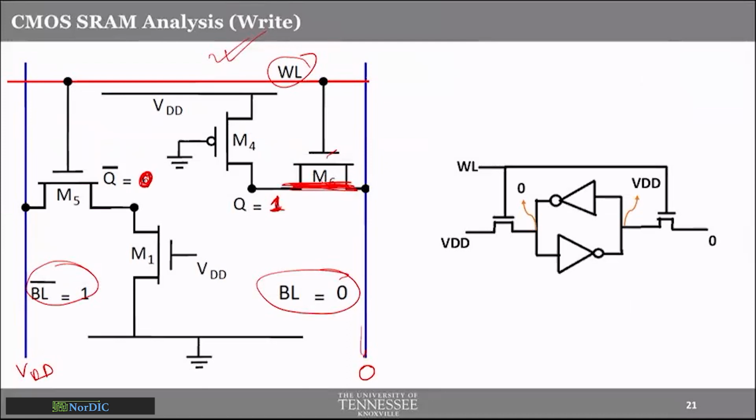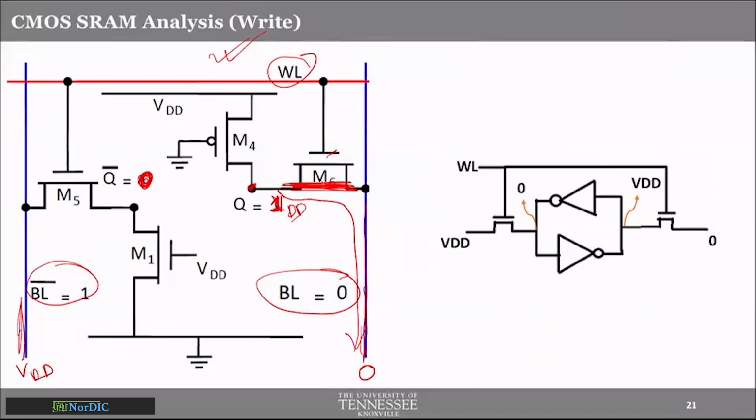So then this node will have a VDD, right? It already has a VDD and you are driving it to ground. So this will discharge to ground. Easy. And this guy was at 0, you are driving with VDD, right? I hope you see that. There will be scenarios where you'll be able to discharge or charge at will because you're driving with bit lines now.